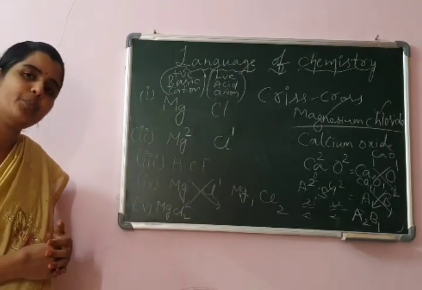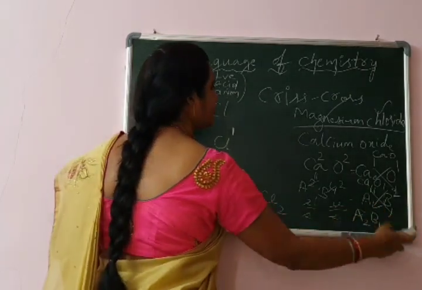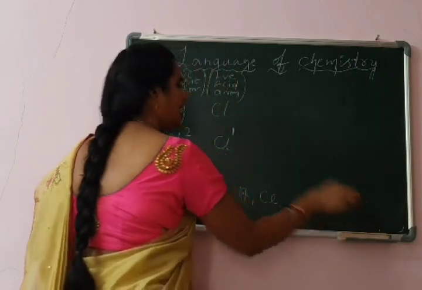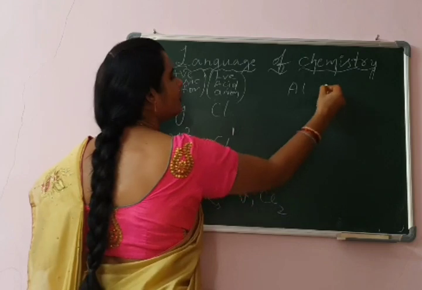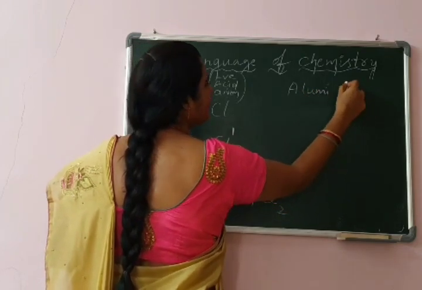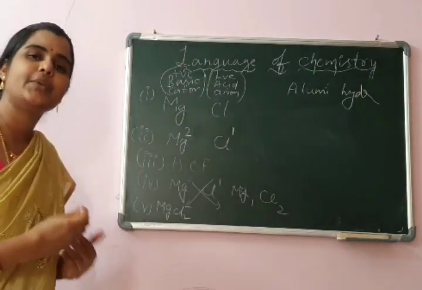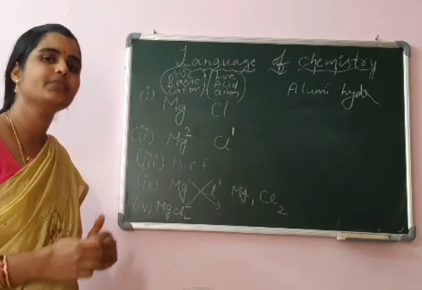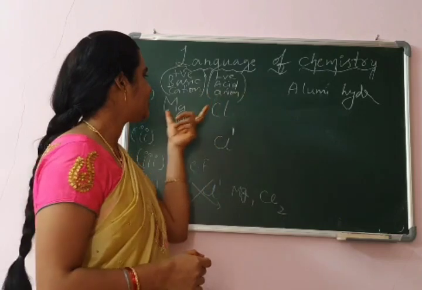If there are compound radicals, then what will you do? Let us discuss. Let us take hydroxides. Suppose aluminium hydroxide. Now you have to write the chemical formula for aluminium hydroxide. What is the first step?